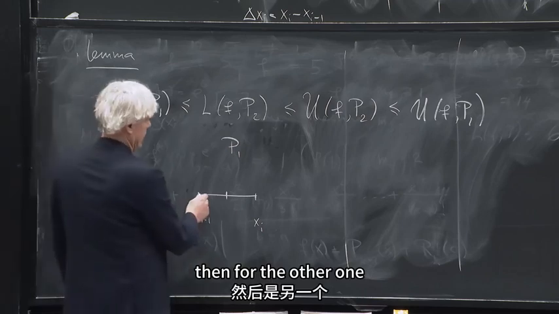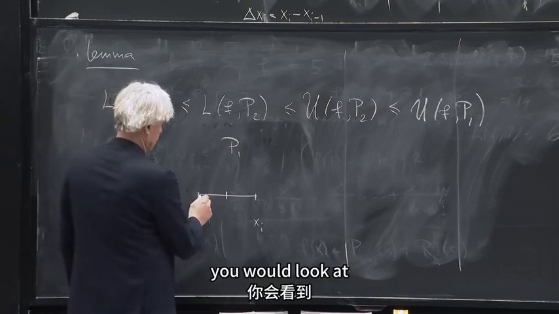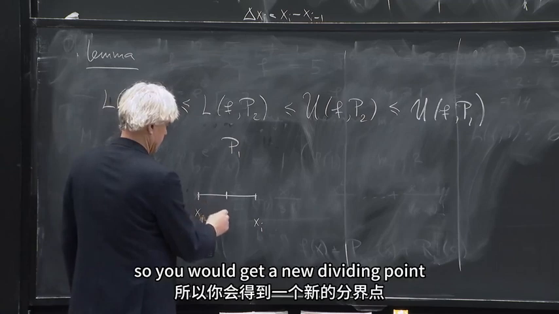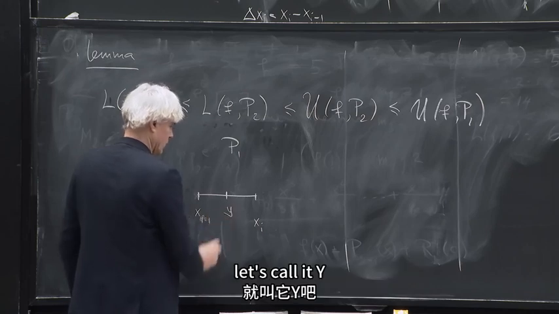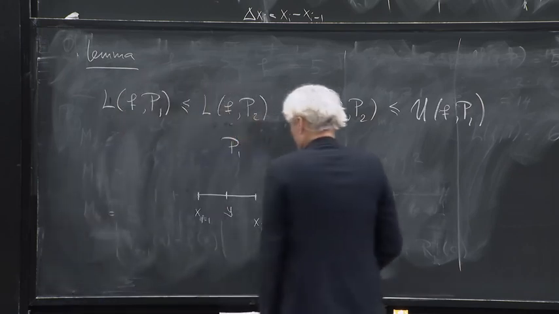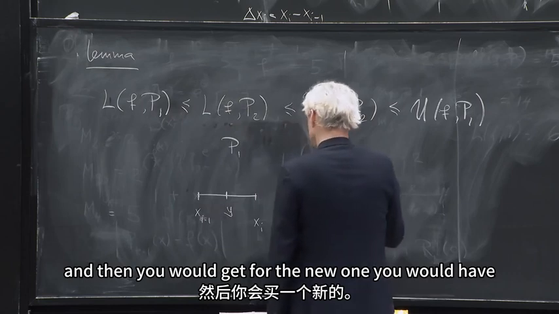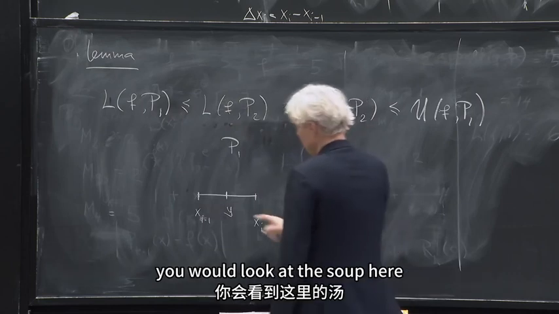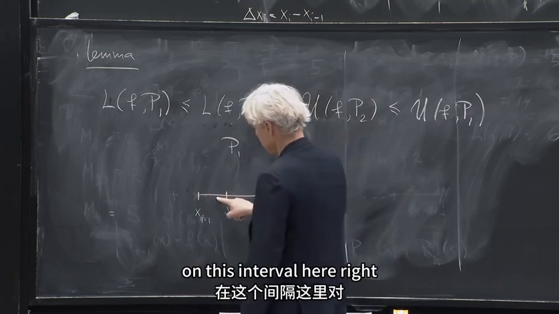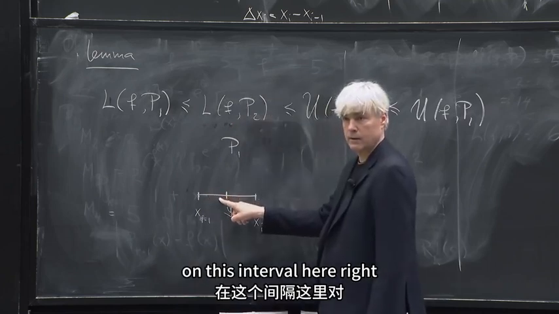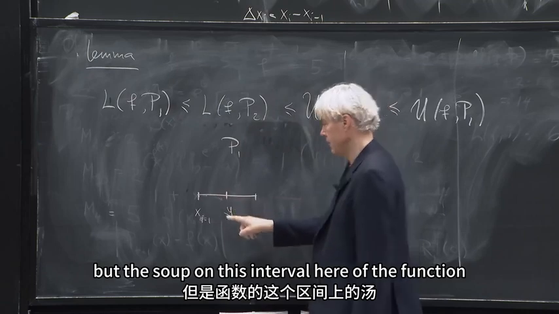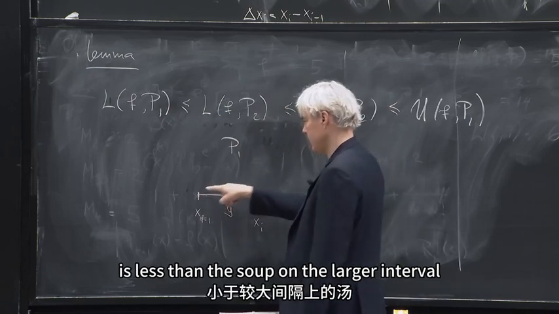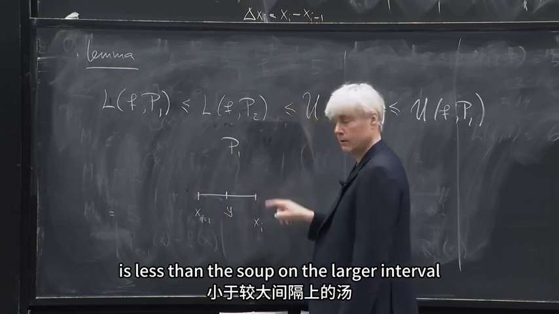then for the upper sum you would get a new dividing point. Let's call it y. And for the new partition, you would look at the sup on this interval here, but the sup on this interval of the function is less than the sup on the larger interval.